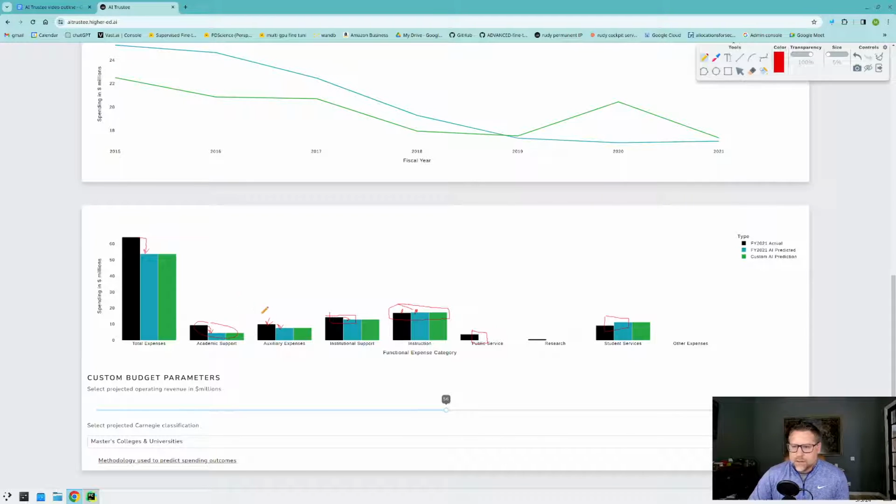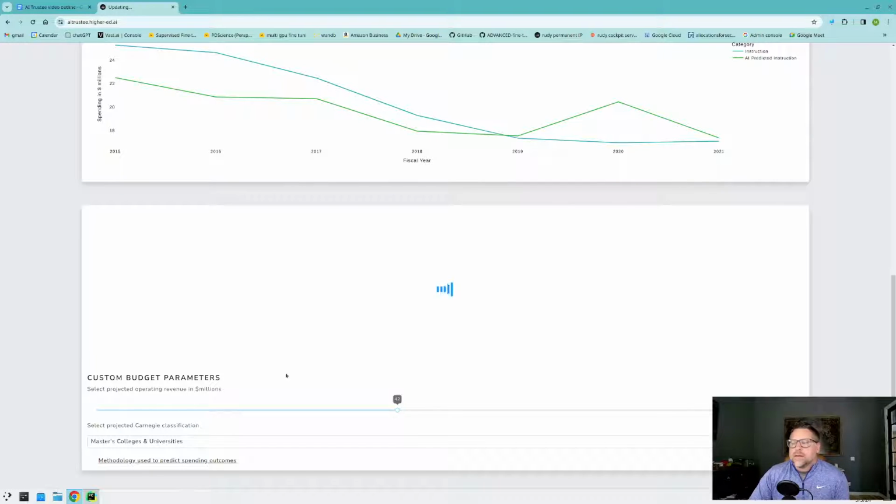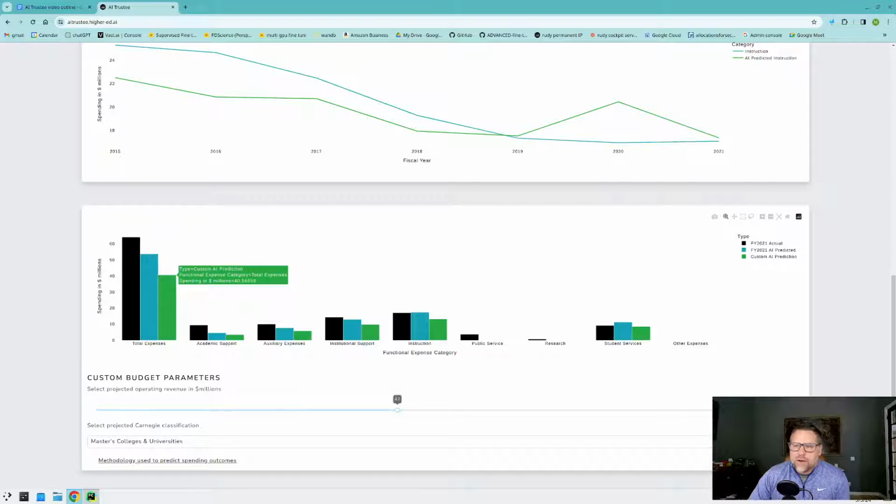All right. So one other thing that this model allows you to do is, instead of looking at the current time period, so it's looking at 2021 in this case, you can make predictions based on what you project your revenue to be in the future, right? If we expect our revenue to fall to 42 million, then your custom predicted spending should be these green bars, right? You're going to have to cut spending in a lot of areas.